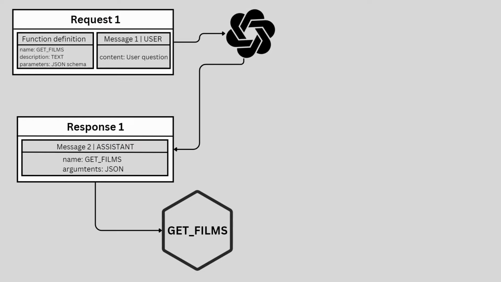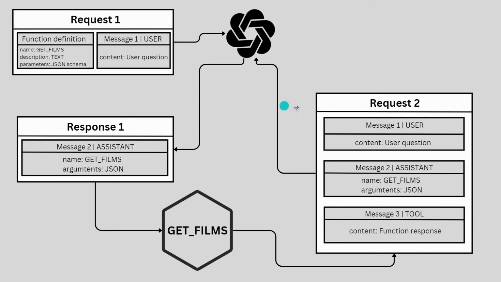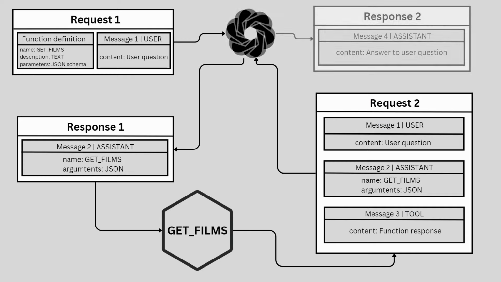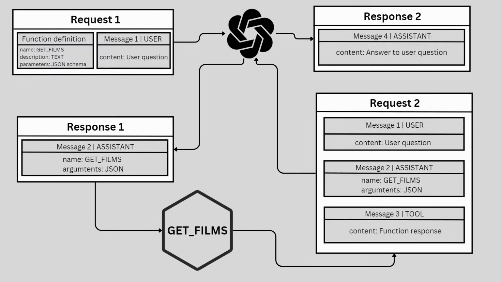So then the function is called, and a second request is sent to the AI. It consists of full history with 3 messages: user question, assistant message to call function, and function response inside a message with role tool. And in the end, AI generates a response based on user question and function data and sends it back to the user.